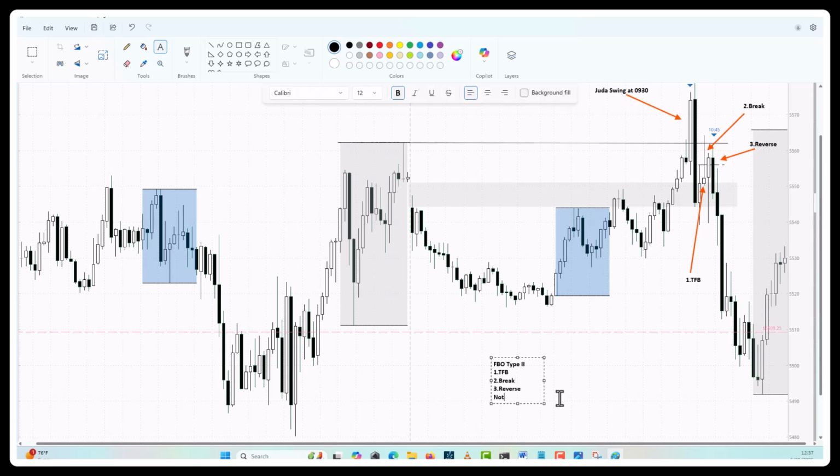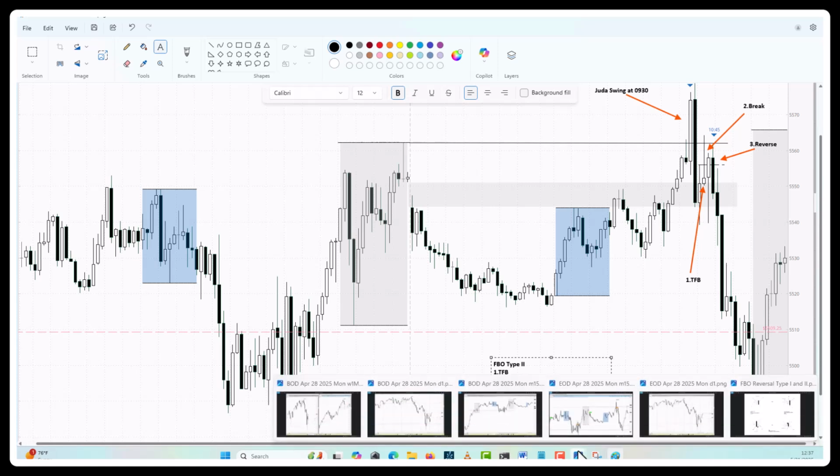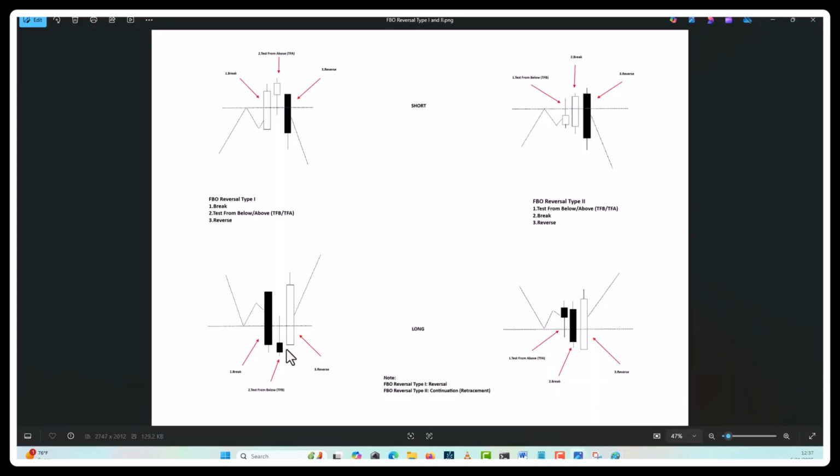And in this case, we notice that it happened in a continuation, which fits into our framework, our pattern right there. So type 2 is very common in a continuation, and type 1 happens in a reversal. Here's the type 2 right there.